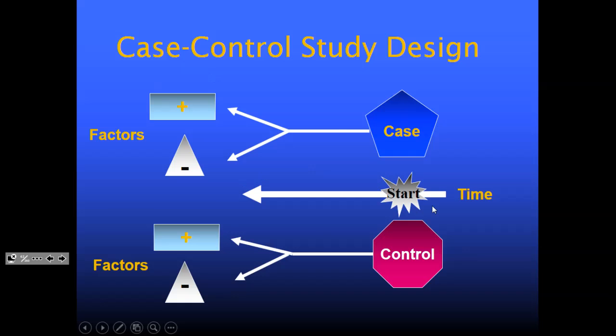So what they did here is they set up a study. They found those with hemorrhagic stroke and asked, did you take phenylpropanolamine? And in patients without hemorrhagic stroke, did you take phenylpropanolamine? They compared those differences and showed that patients with hemorrhagic stroke were more likely to have taken phenylpropanolamine than those who never had hemorrhagic stroke.